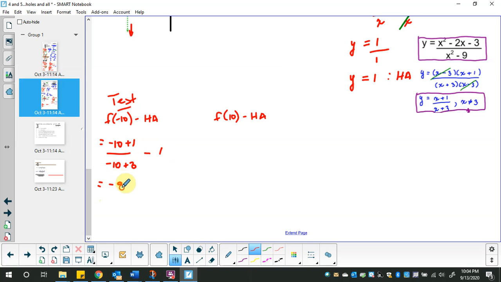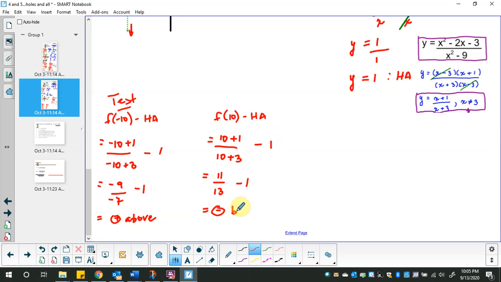So it's -9 over -7, which is actually a positive. More than 1 minus 1 is a positive result, so that's an above. And then 10 plus 1 over 10 plus 3 minus the horizontal asymptote, so 11 over 13 minus 1 is 0 point something minus 1, so negative and below.